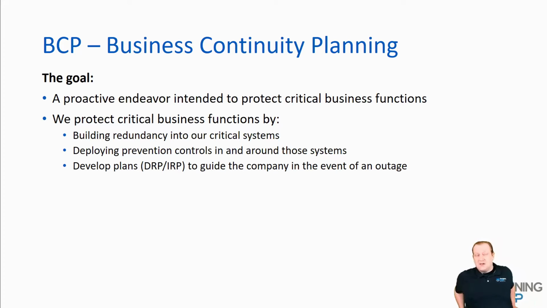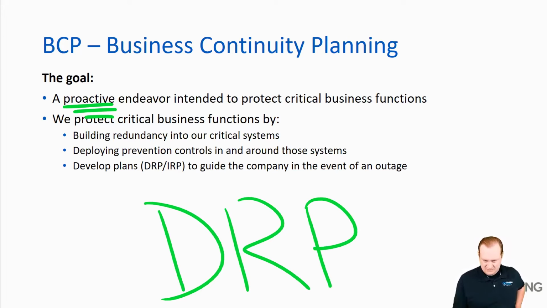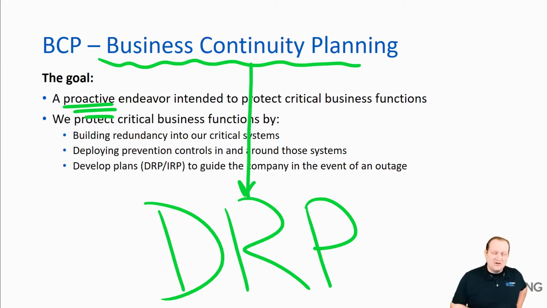Business continuity planning. All right. The goal. Boy, I'm going to underline this a couple times here. Let's see. Underline this in green. Proactive, proactive, proactive. You see, disaster recovery plans, we're going to develop them proactively. They're going to be birthed, in most cases, from a business continuity plan. The business continuity plan builds a disaster recovery plan, I'm hoping, before the building's on fire.